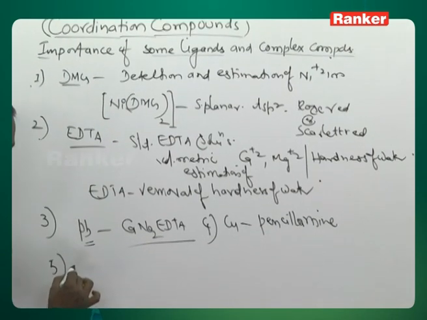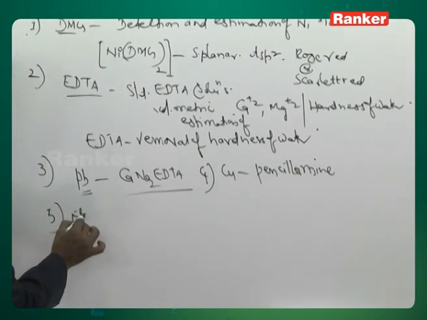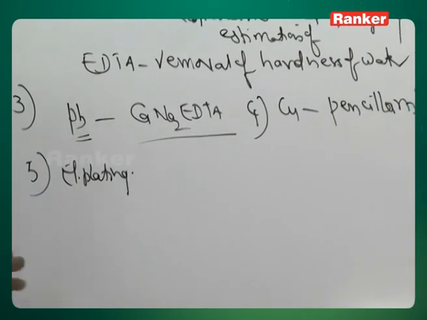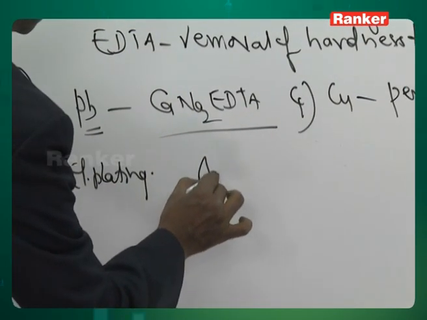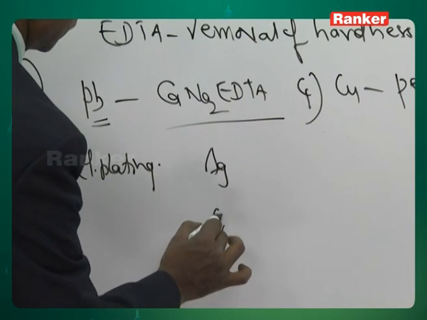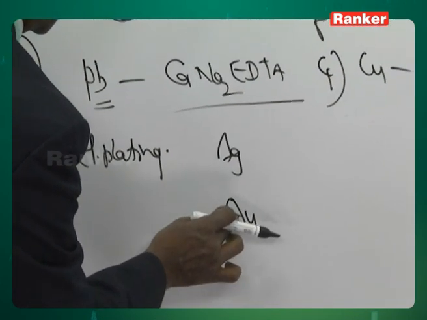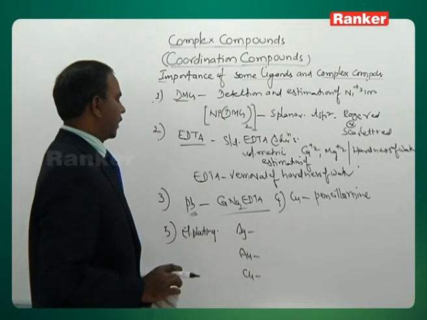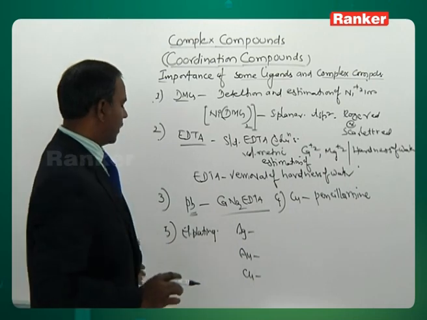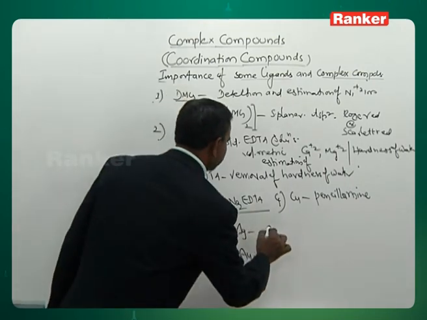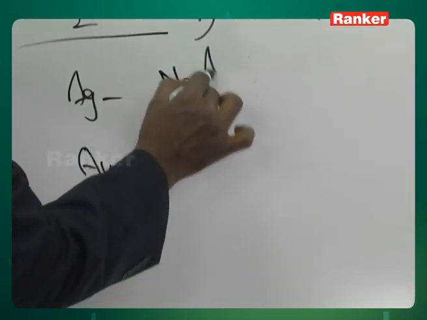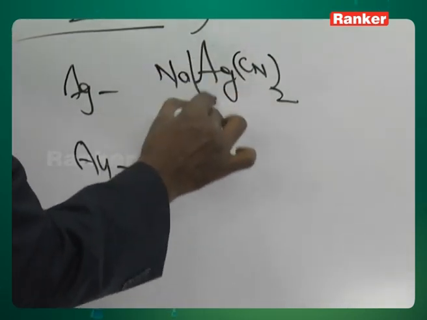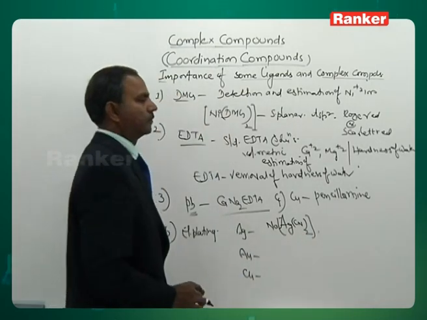Next, in electroplating of silver, electroplating of gold, and electroplating of copper, we use these particular complexes. Na[Ag(CN)2] is used for the electroplating of silver.